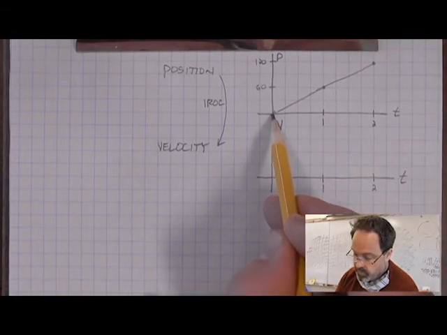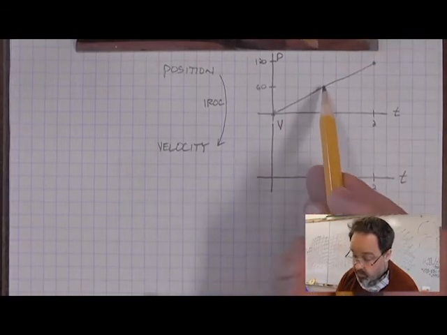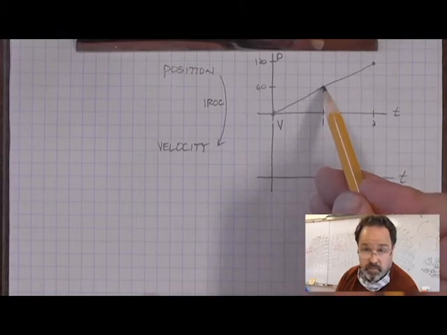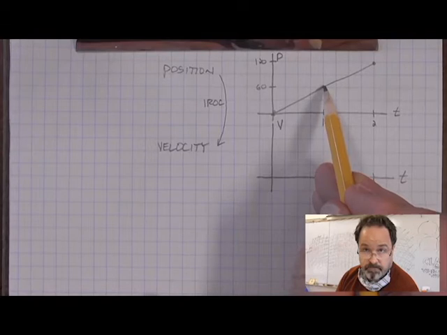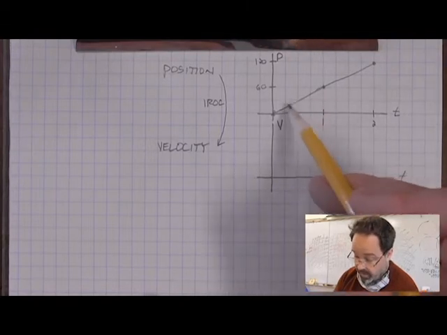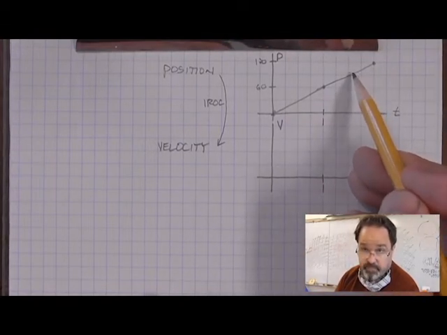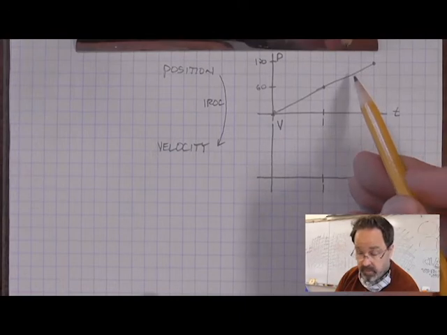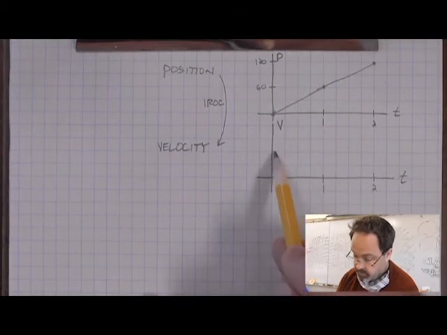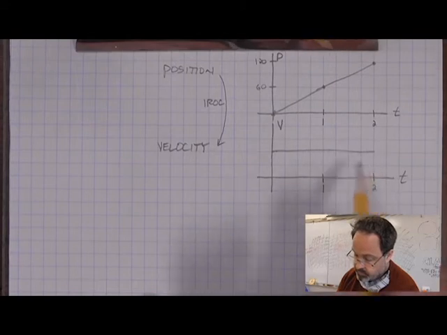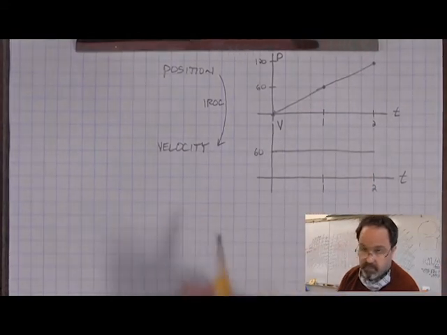Well, if I start at 0 and go over 1, I have to go up 60. So the slope between those two is 60. And the slope at any point is the same 60. So on my velocity graph, I have a constant slope of 60, which makes a constant function of 60.